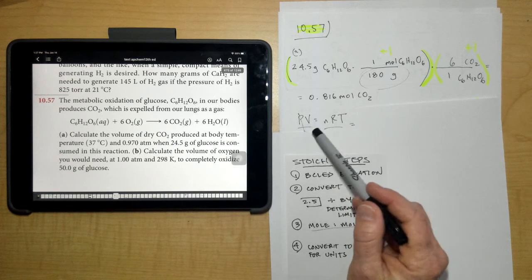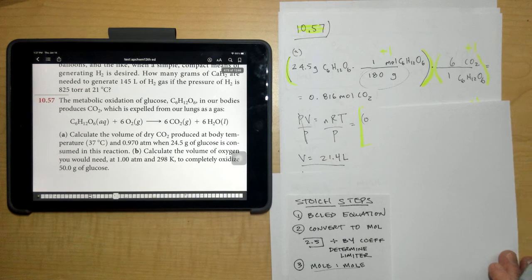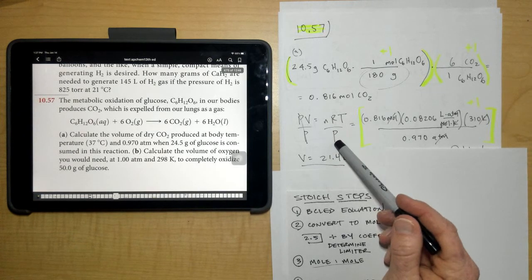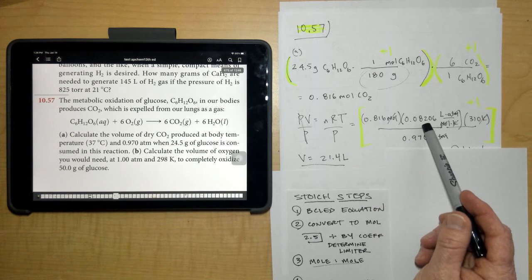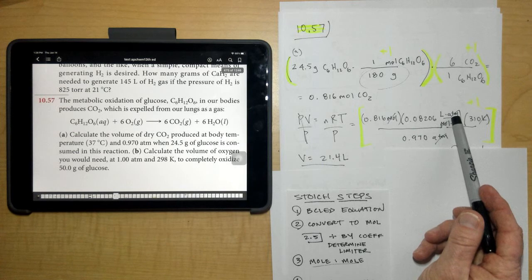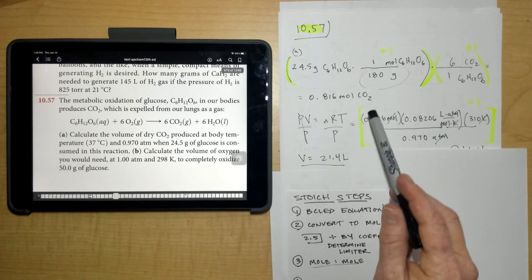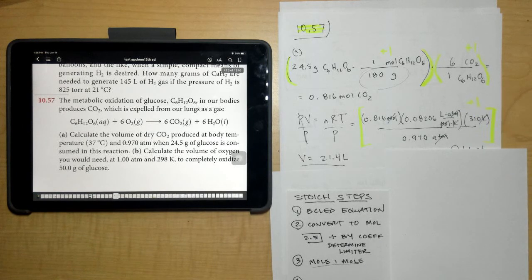So solve PV equals nRT for V, then V is equal to nRT divided by P. Here's the number of moles, the universal gas constant in atmospheres, the temperature, and the pressure in atmospheres. Box that in, put plus 1 for having this work. The answer is 21.4 liters. That's not worth a point, but having the work is worth a point.